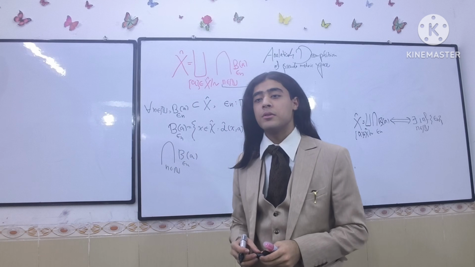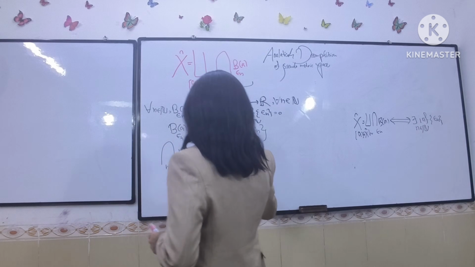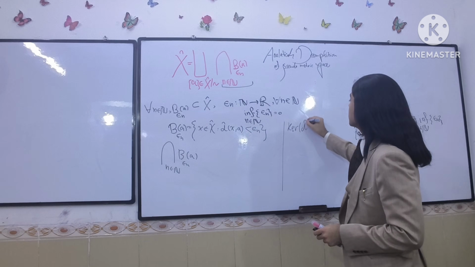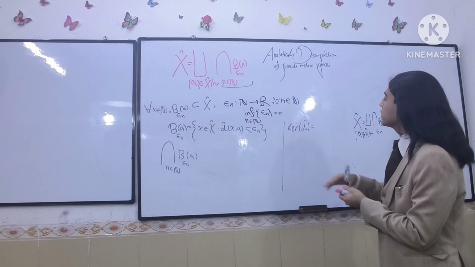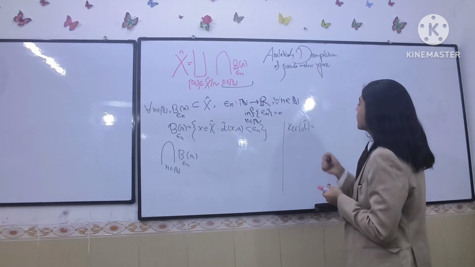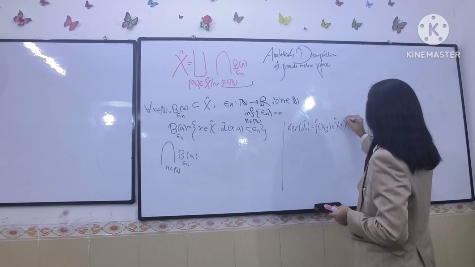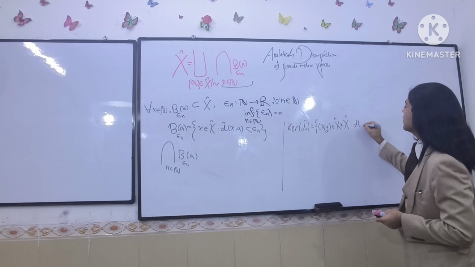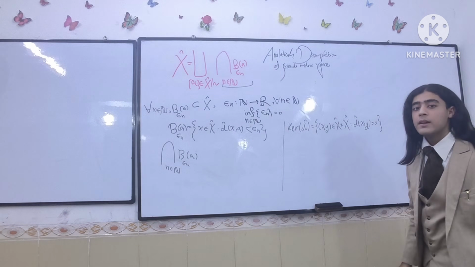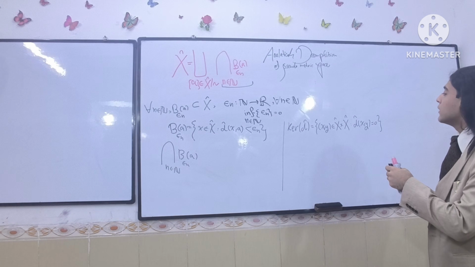Note something beautiful, which is the kernel of D. What do I mean by the kernel of D? The kernel is the set of all pairs x, y such that D hat of x and y is equal to 0. That is the kernel of D.